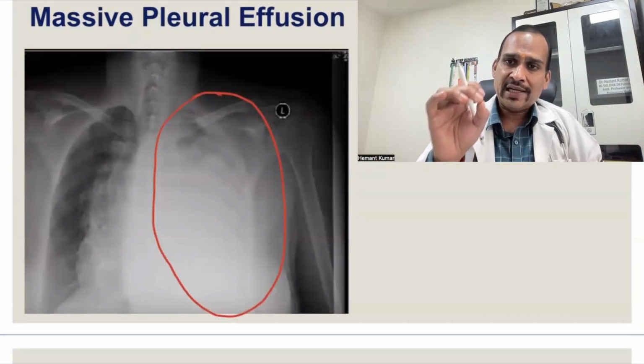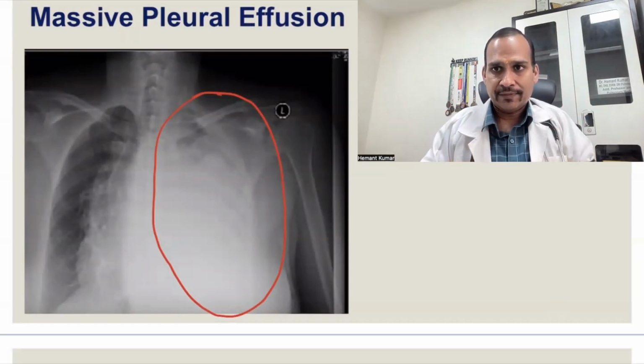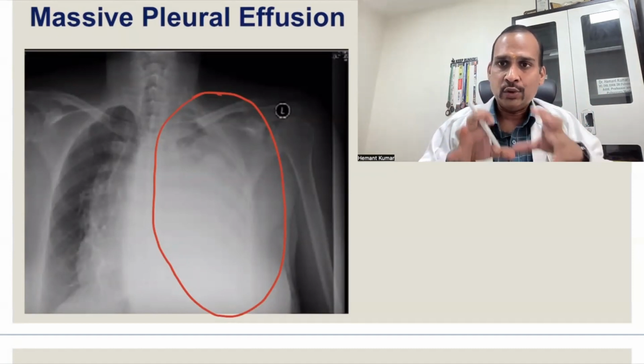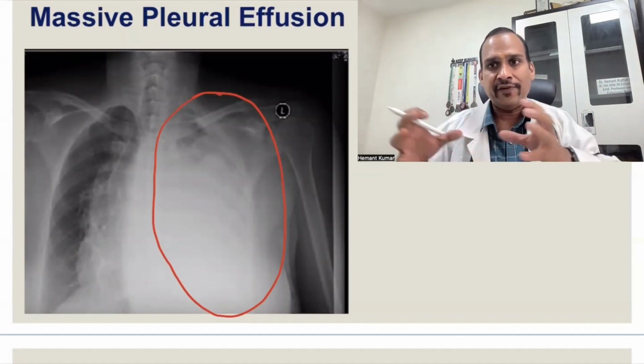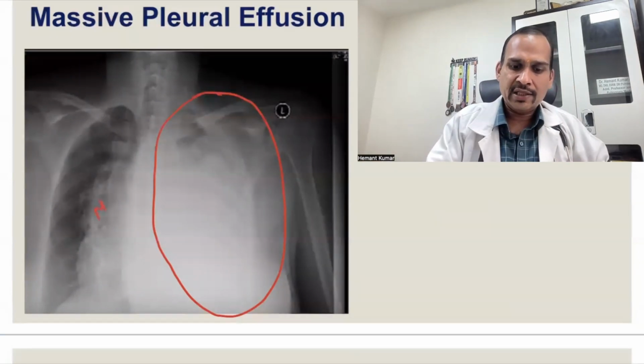So what are the signs of massive pleural effusion? If massive effusion is there, it means some space occupying thing is there. So what will happen to the mediastinum? It will push to the opposite side. So you can see the mediastinum is shifted to the opposite side.